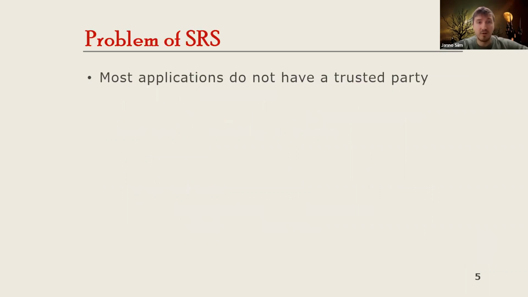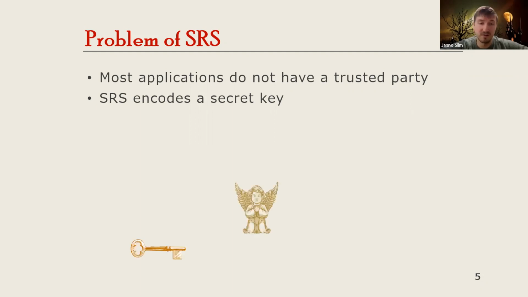However, there's a big problem with this structured reference string. In most applications, you don't have a trusted party. And typically, this structured reference string also encodes a secret key. It looks something like this: the trusted party picks a secret key, applies some function to it, and out comes the SRS.